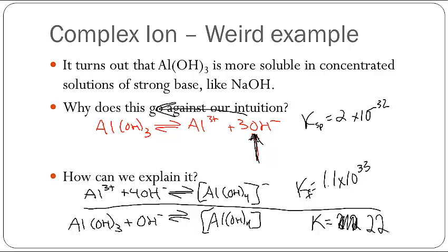Even though this first reaction is extremely unfavorable, any amount of aluminum that gets produced immediately reacts with the OH-. So any small amount will go away, and then it constantly shifts right. As the Al gets used up, it shifts right to make more, and then that gets used up, and it just keeps shifting and shifting and shifting.